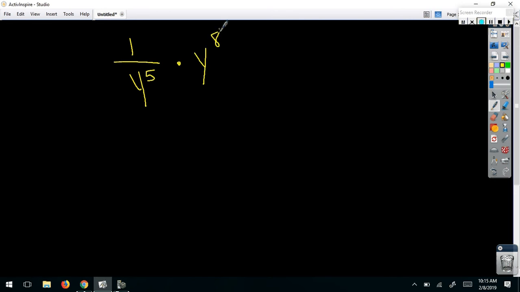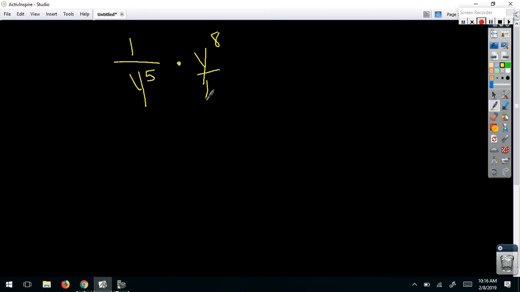Look at this one. Ooh, this one's a fraction times something. Now, first of all, how do we multiply fractions? Straight across, you're exactly right. Top times top, bottom times bottom, right? So, if I multiply this, but the second one's not a fraction. That's right.